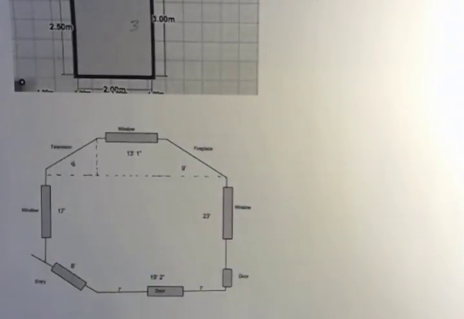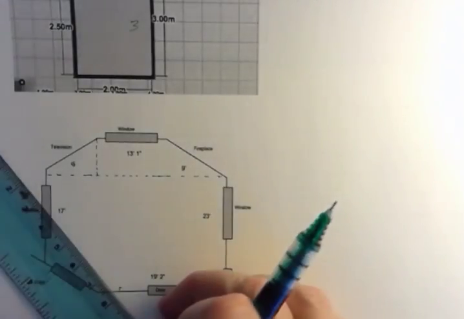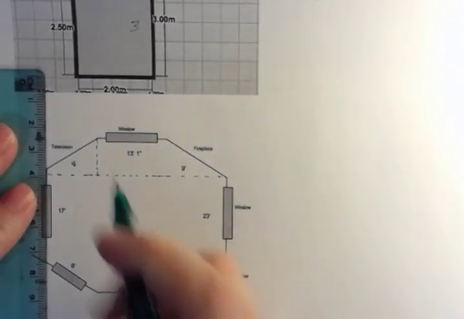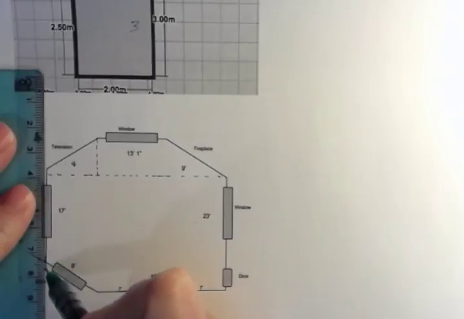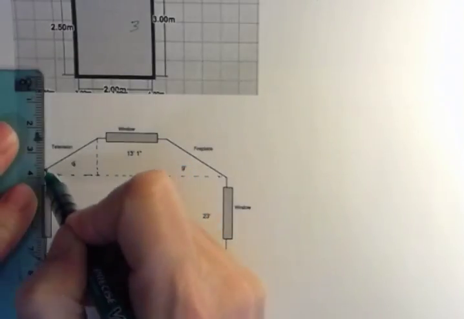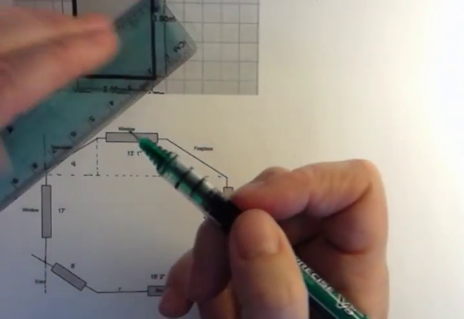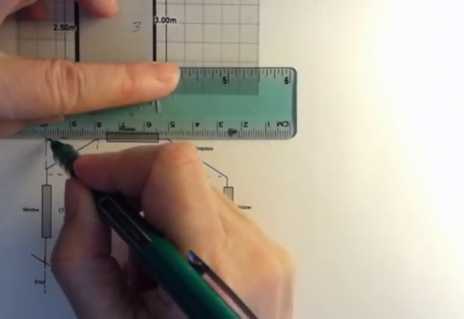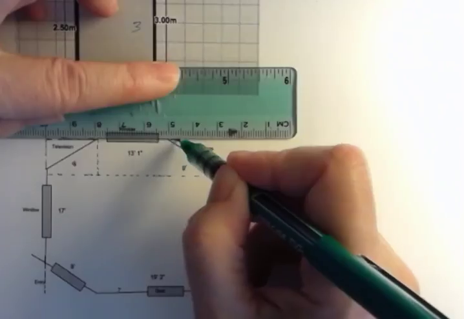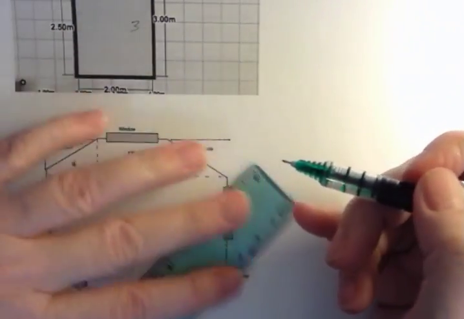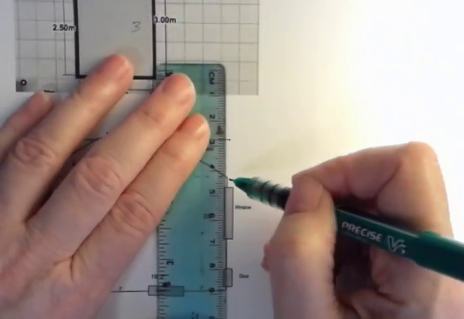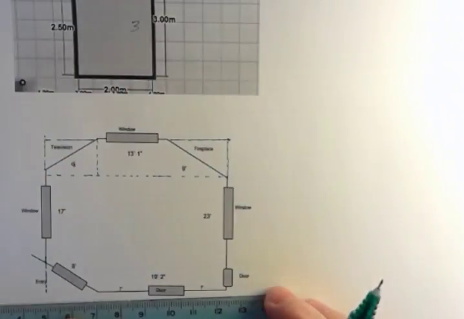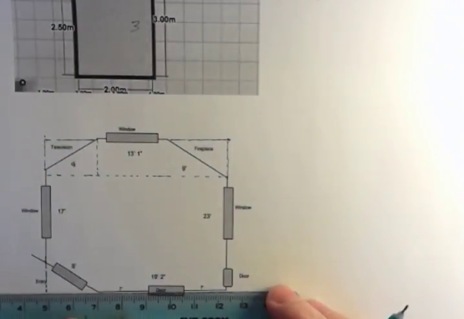Well, what I did was I said, look, if I continued this shape out in both directions, then I would get a rectangle eventually, right? So if I did that here, and then down here, I could make this weird shape into a rectangle.